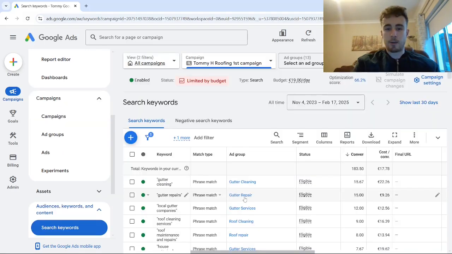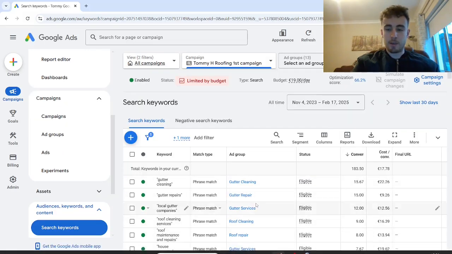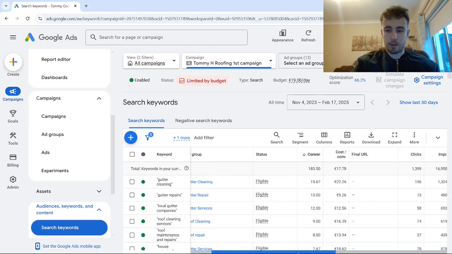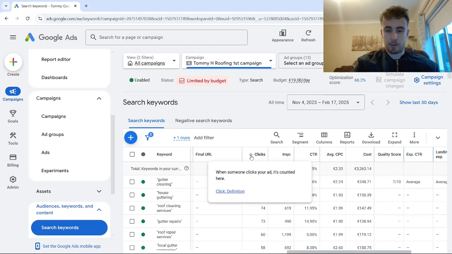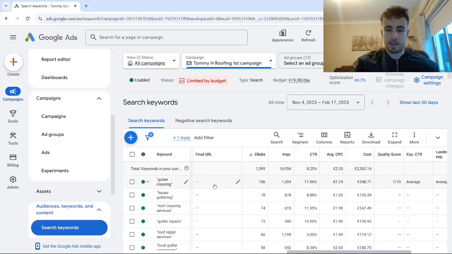And then when you're in your actual keywords themselves, you're able to optimize these by looking at the most important stats. And usually that is, for example, how many clicks your keyword has been getting. Because if you tap by clicks here, you can see the keywords in your campaign that have been getting the most clicks. And if you have a keyword, let's say like this, for example, the gutter cleaning keyword on its own specifically has 156 clicks.